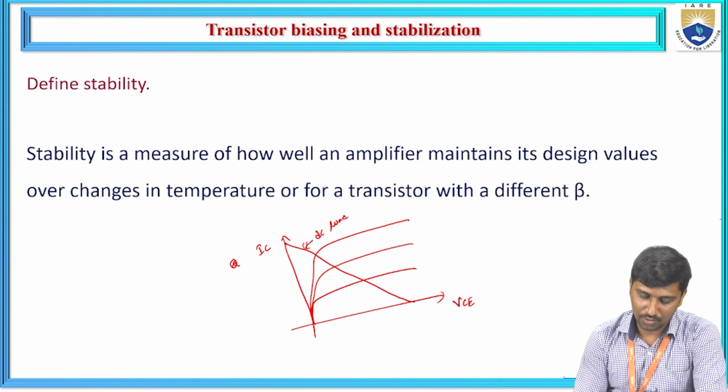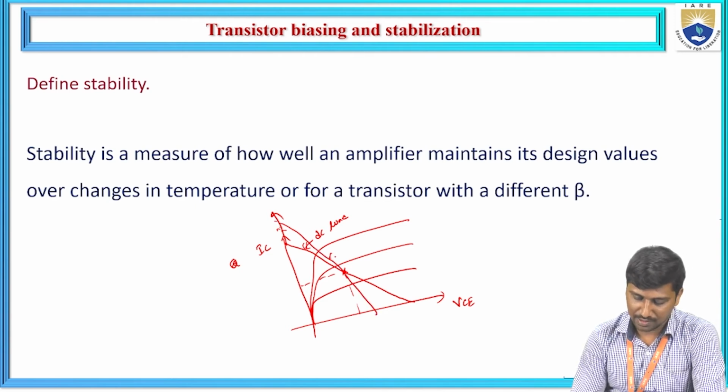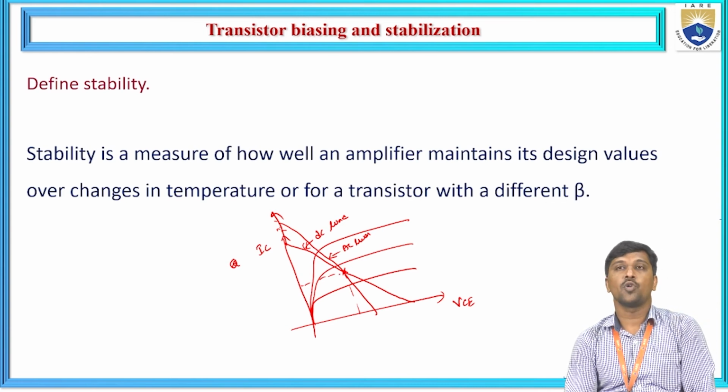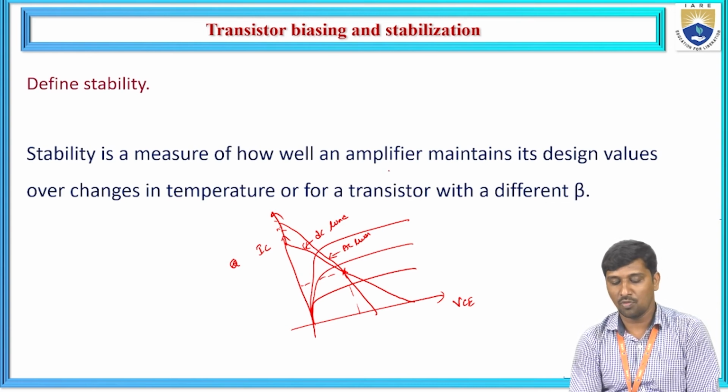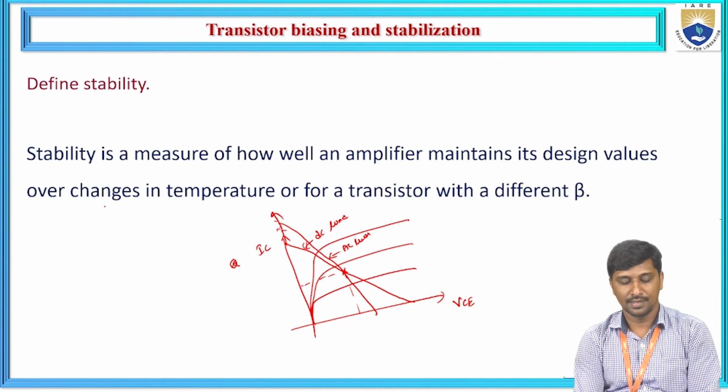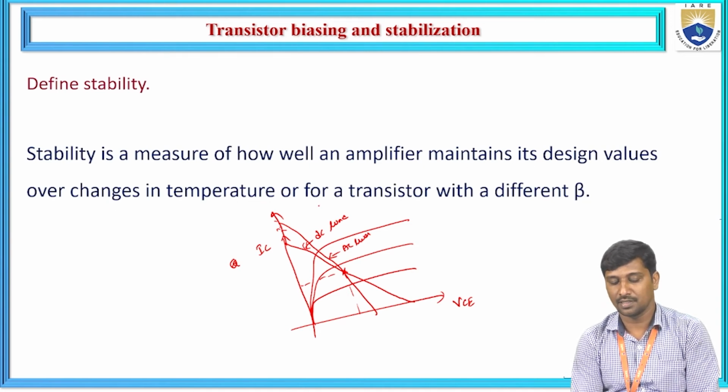Then we need to draw the AC load line. First we need to define the Q point. The Q point is always at the center of the DC load line, and this is the AC load line. Once the Q point is fixed, we need to maintain stabilization. Stability is the measure of how well an amplifier maintains its design values over changes in temperature or for a transistor with a different beta.